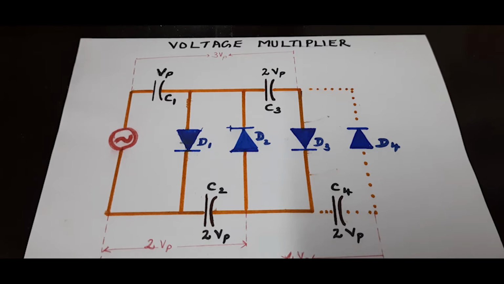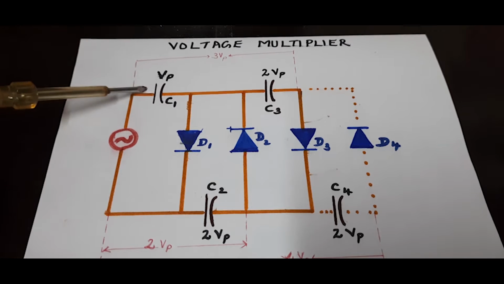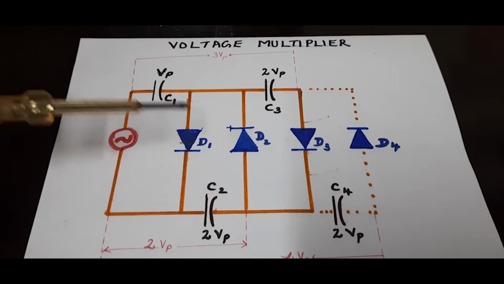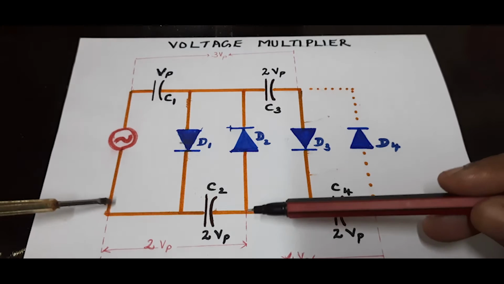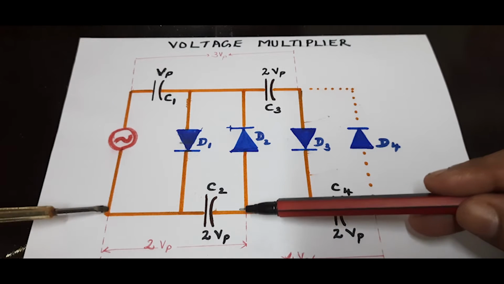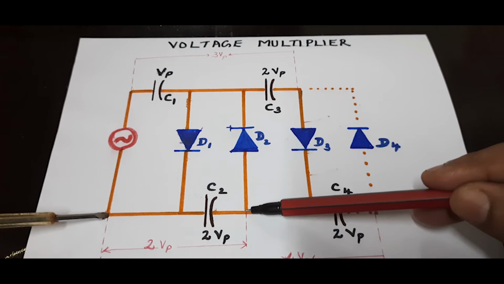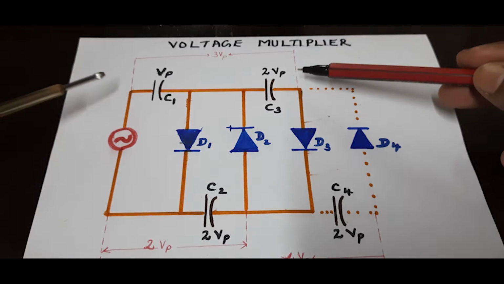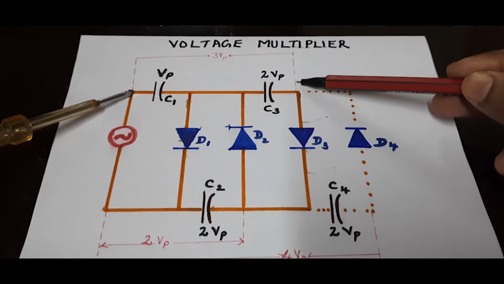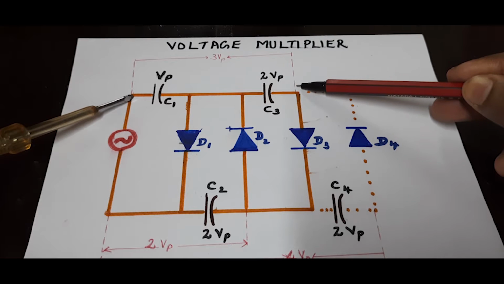So this is a circuit where when you apply an AC signal, you can upgrade the voltage across this to Vp value, and across these two capacitors, between these 2 points, the voltage would be 2 Vp, and across these 2 points, the output voltage that will develop would be 3 Vp.